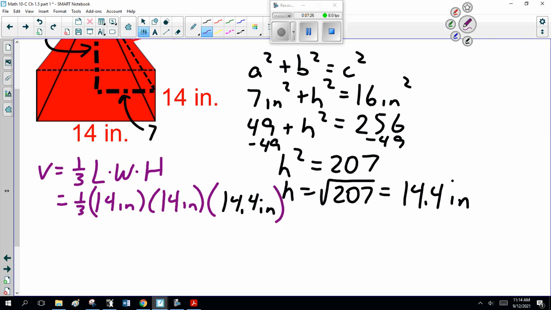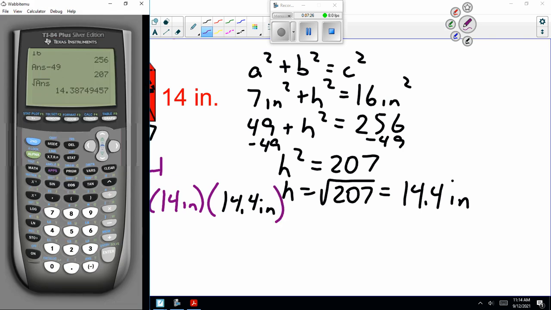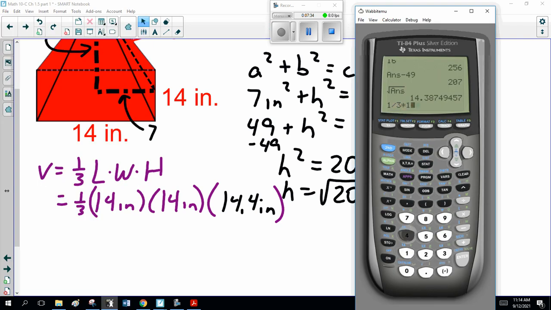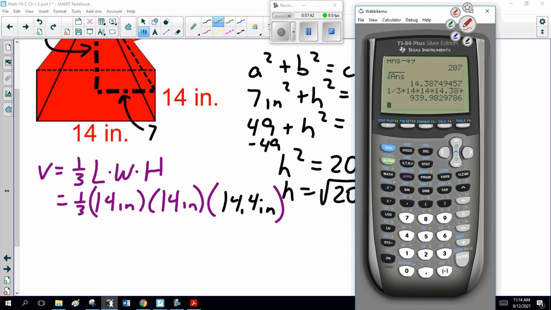So I'm going to grab Mr. Calculator. 1 divided by 3 times 14 times 14 times my answer, 14.4, gives me 939.98. That's 940. Now, inch times inch times inch is inches cubed. All right?